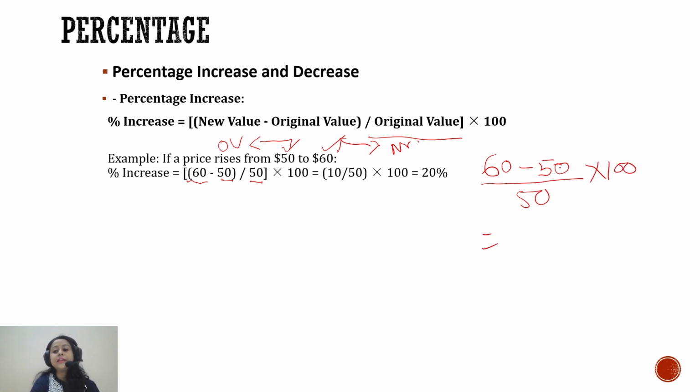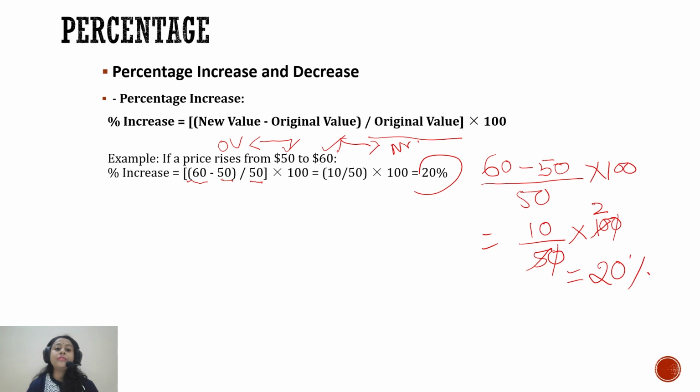So 60 minus 50 is 10, by 50, into 100. The zeros cancel out, and 10 divided by 5 is 2. So 10 into 2 is 20. So it is 20%. In this way you can find the percentage increase.